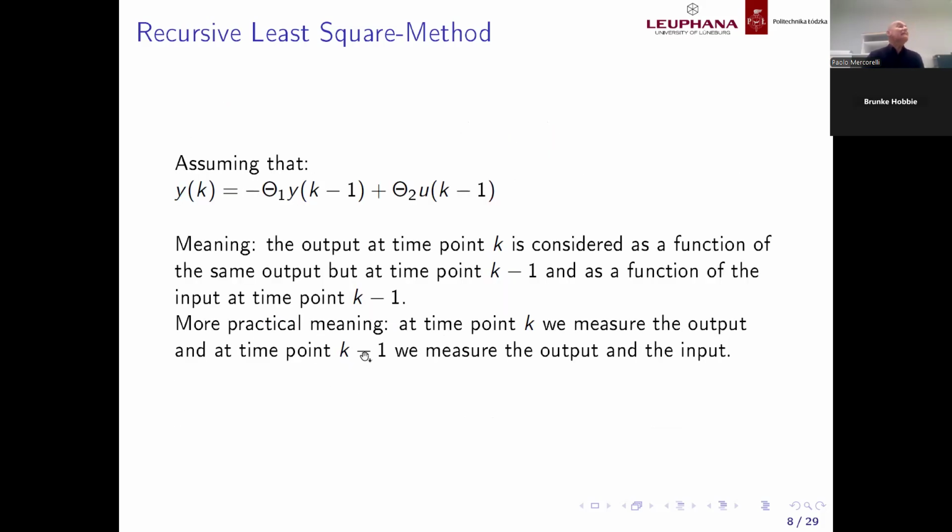This means if everything changes over time, at least theta 1 and theta 2 will change over time, at least during the transient. But it could be that they change over time also during the steady state. It depends on what we want to represent. Anyway, theta 1 and theta 2 are two quite general parameters.